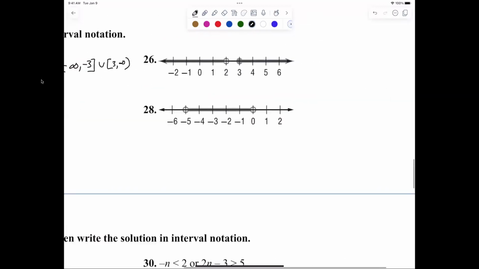Over here, 26, we would say what? Good job. Bracket 3 following it. Good work. Easy. All right, someone else, 28. Negative 5, comma 0 with what? Parentheses. Come on, that's not that hard.